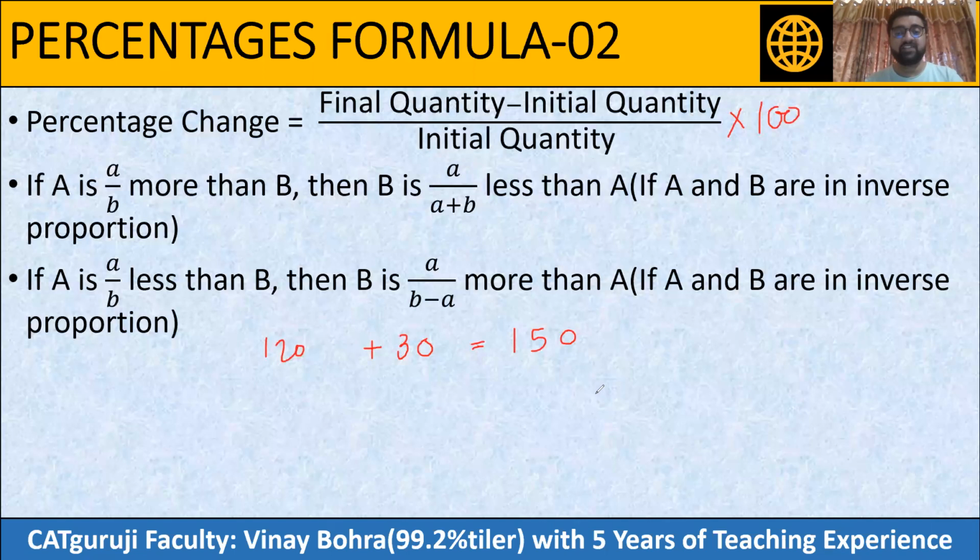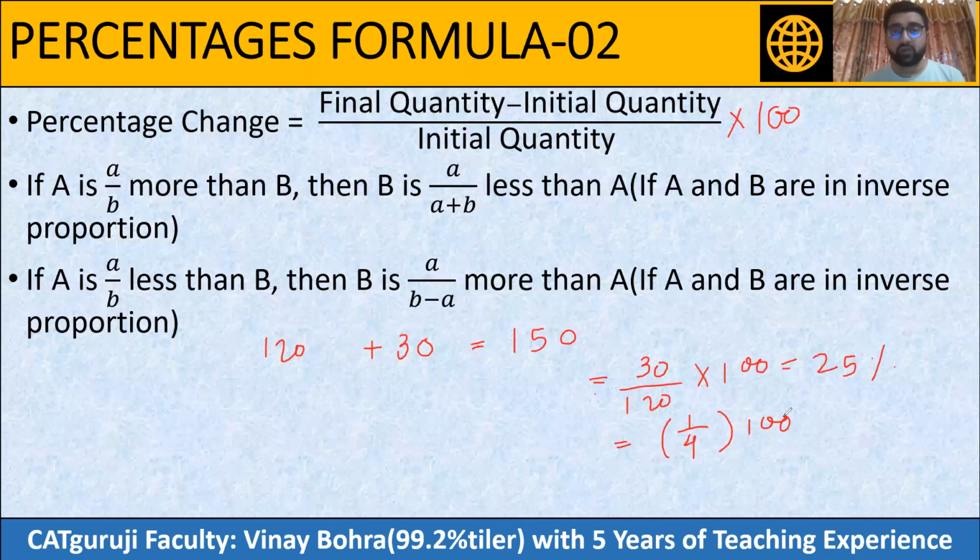So your percentage change here will be 30 over 120 into 100. And that will give us 25%. Or if I write in the fraction form, that will be 1 by 4. So 1 by 4 of 100. So this is your percentage change.